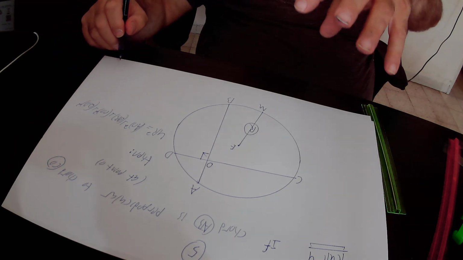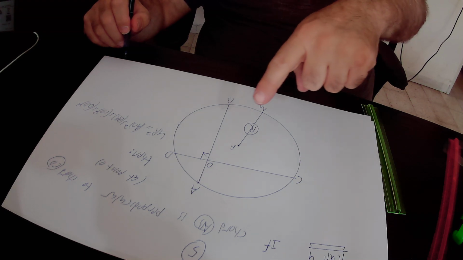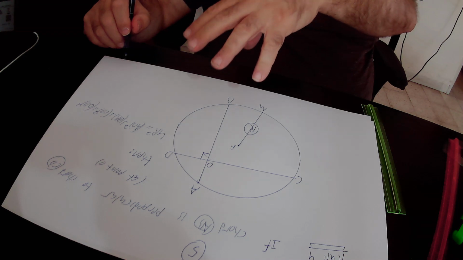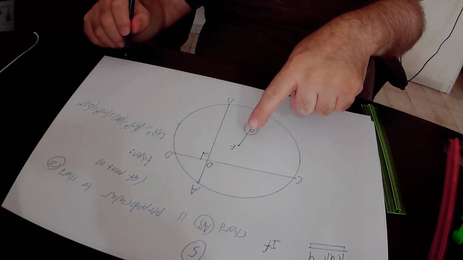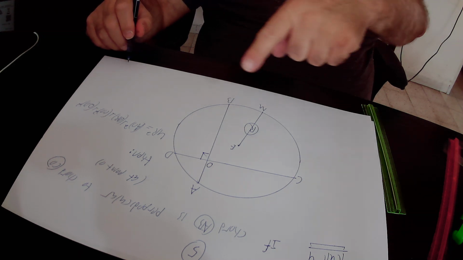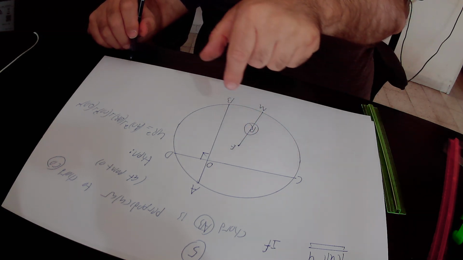So because in this drawing we have two chords that are perpendicular to each other, chord AB is perpendicular to chord CD, the following formula will be true. If the radius of this circle is capital R, then 4R squared equals AO squared plus OB squared plus CO squared plus OD squared.